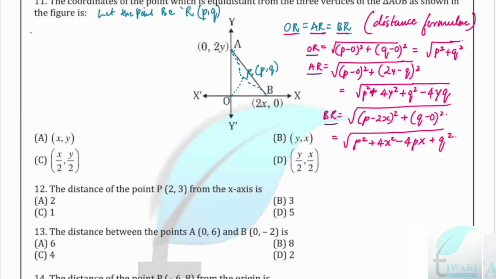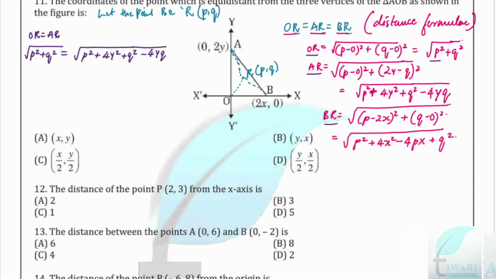So first we will consider OR equals to AR. That means under root P square plus Q square, this is OR, is equals to under root AR, that is P square plus 4y square plus Q square minus 4yq.